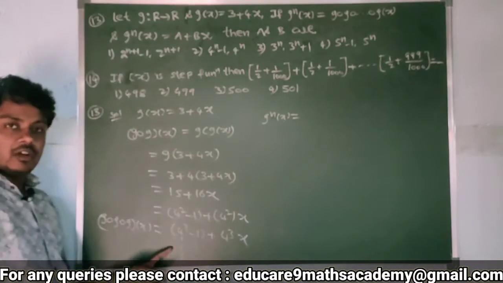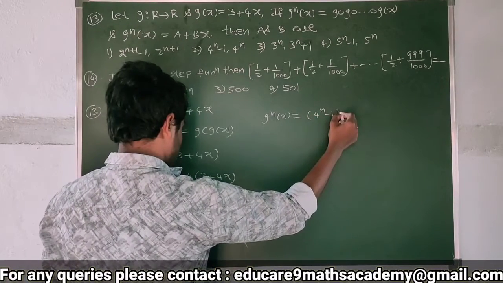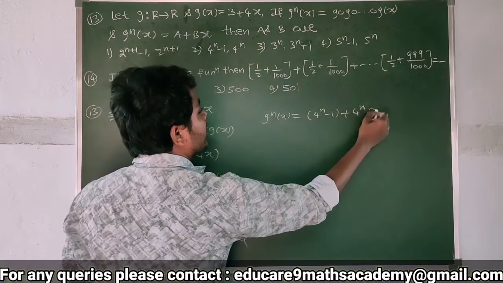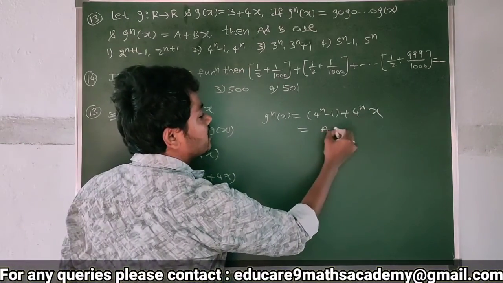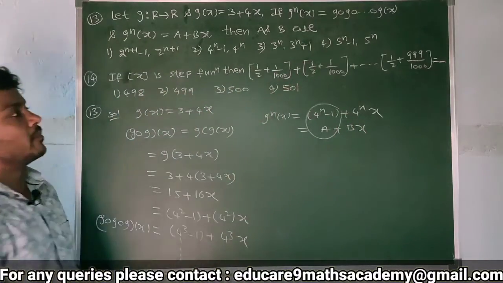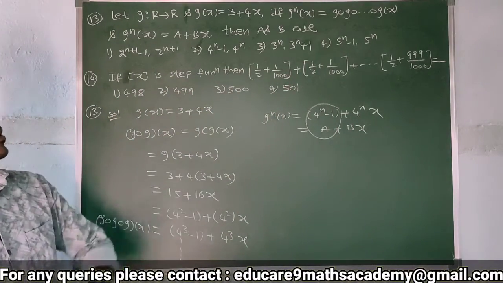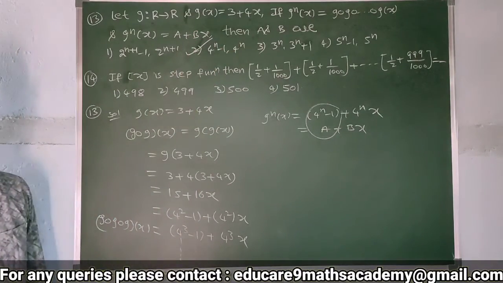So what is that value? 4 power n minus 1 plus 4 power n x. Now clearly it is in the form of a plus bx. So a value is 4 power n minus 1 and b value is 4 power n. So clearly option 2. 14th one.